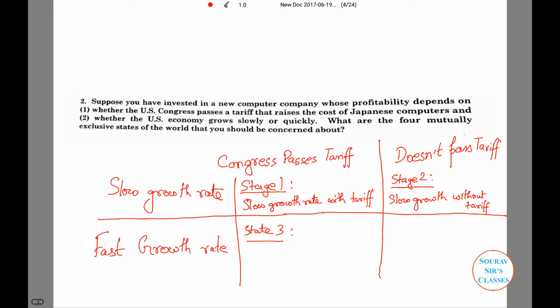The third state consists of the Congress passing the tariff, whereas there is a fast growth rate. And finally, the last state is when the economy has a fast growth rate and the Congress does not pass a tariff.